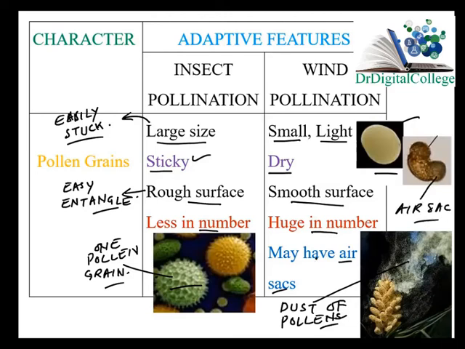The air sac gives float or buoyancy to the pollen grains so that they can easily float or fly away along with the wind. Okay, so this is the difference between the pollen grains of insect pollinating flowers and wind pollinating flowers. Hope this is clear to you.